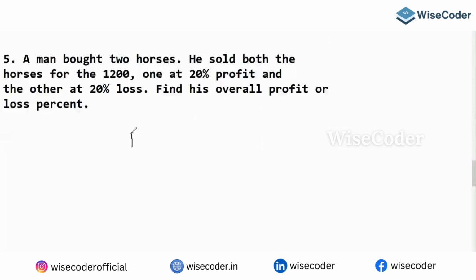That's what you need to understand. So the loss percentage is equal to x square by 100% loss, where x is nothing but 20%. Let me put it this way: 20 square by 100.